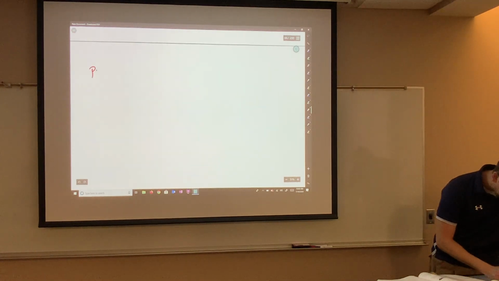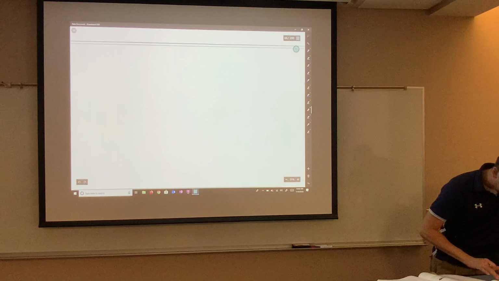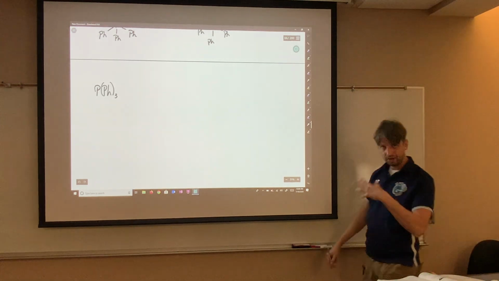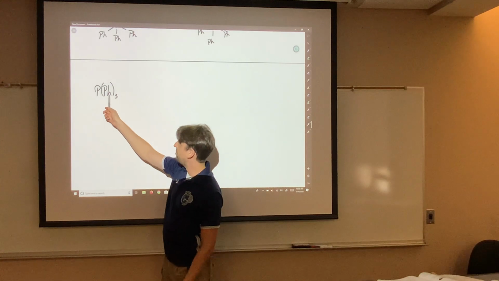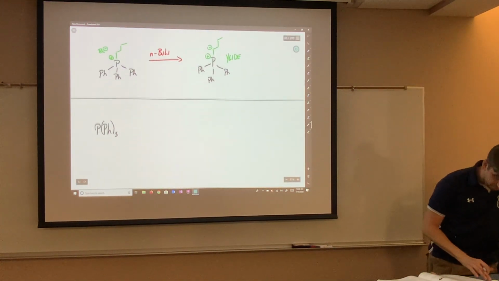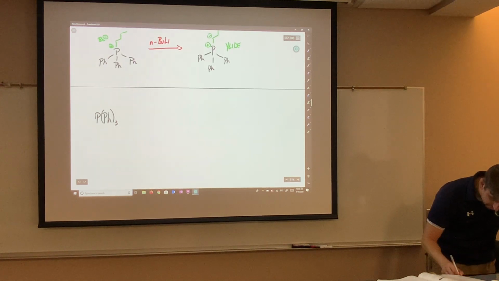Typically, you would see something like this. What color did I use? Black. I just forgot about it. PPh3, so typically you'll see it abbreviated like this, triphenylphosphine, and I used green. So let's do this then.